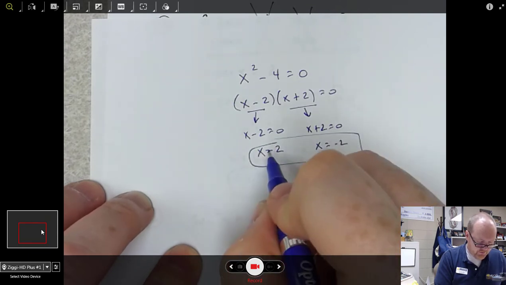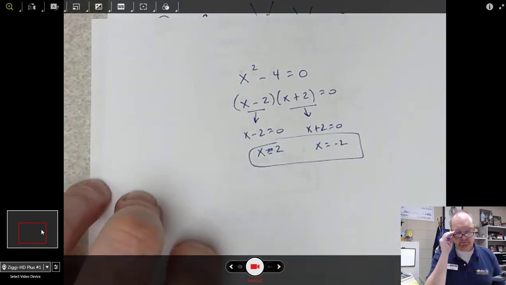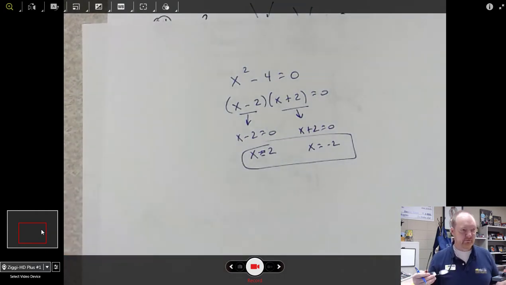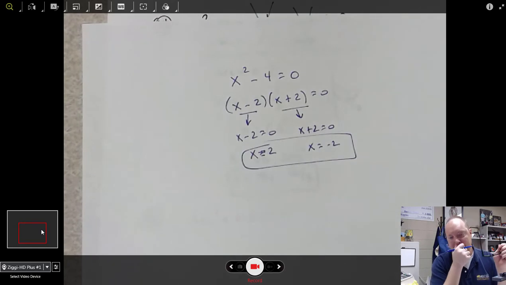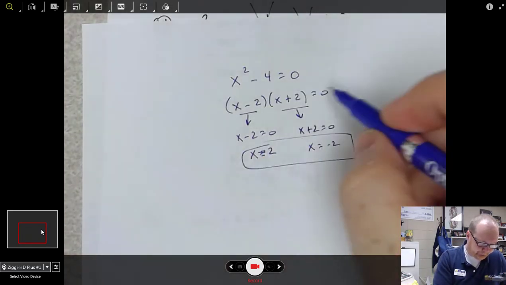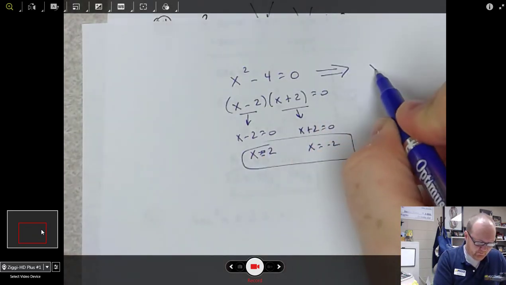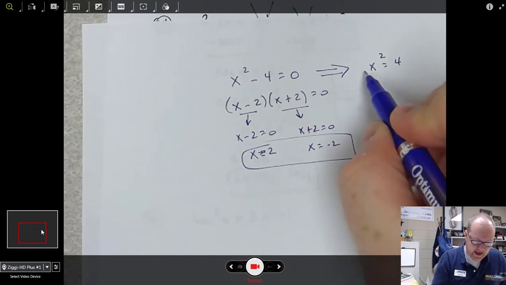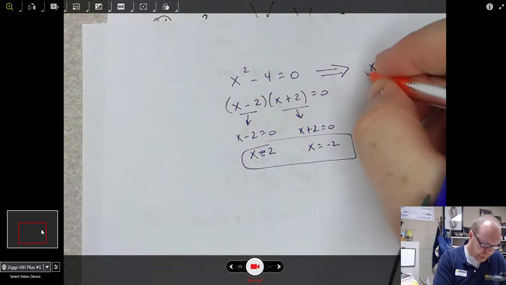Depending on who you had for college algebra, they should have emphasized to you that the exponent dictates how many solutions I should end up with. So an exponent of 2 in a quadratic, I'm guaranteed 2 solutions. And again, for this particular problem, I could have moved 4 to the other side and taken the square root.